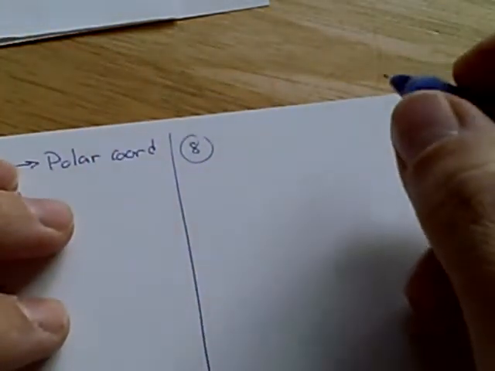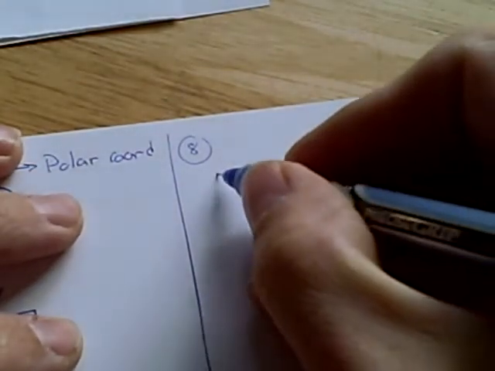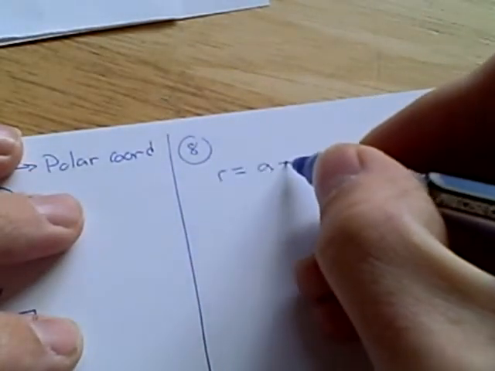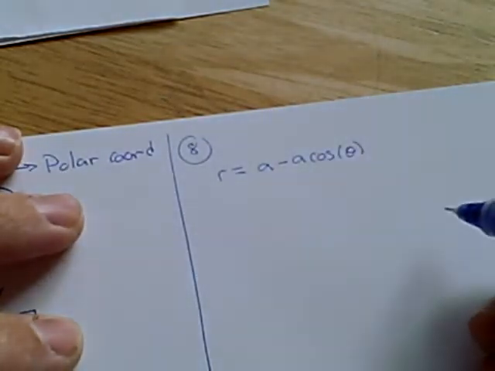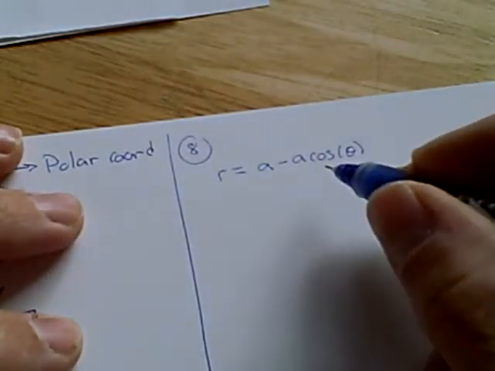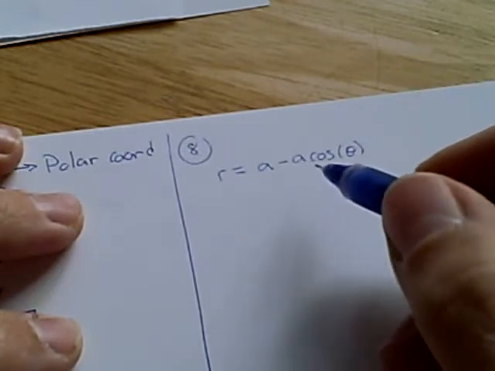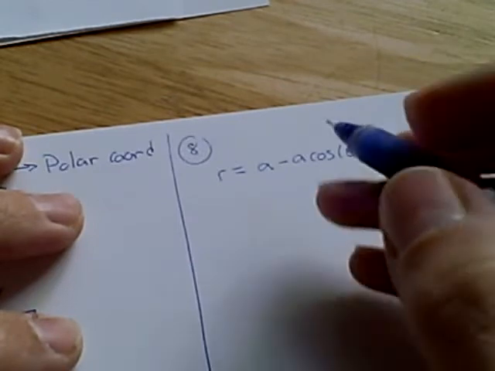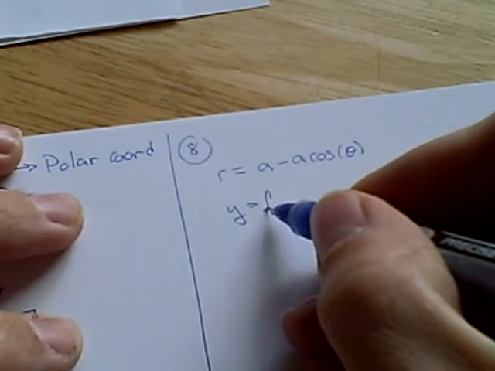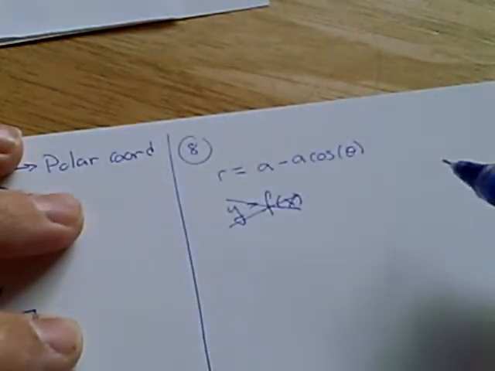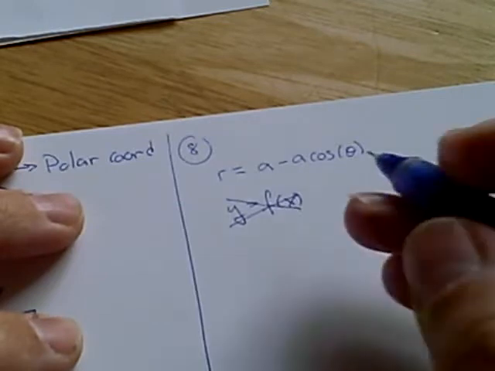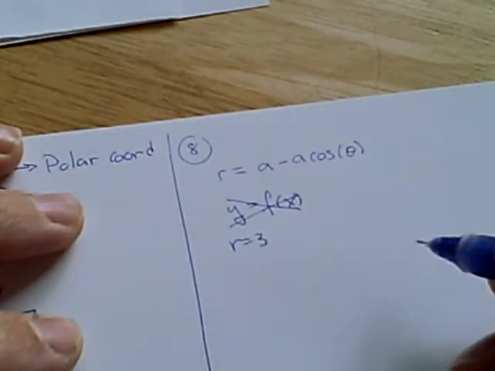Number 8. We're going to convert the polar equation, r equals a minus a cosine theta, into rectangular coordinates. Now something to keep in mind is we may very well not end up with a y equals f of x, and there are some reasons why. Consider equations in polar coordinates, such as r equals 3, which is a circle.